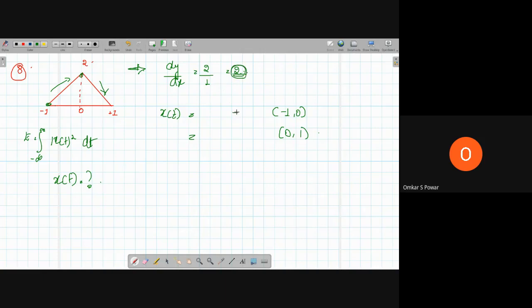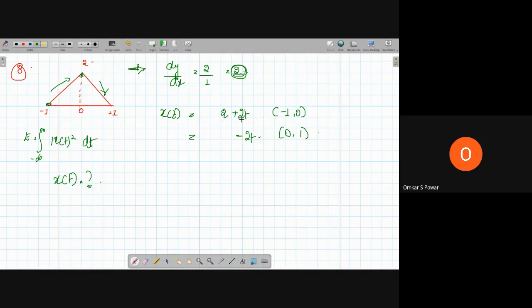Slope plus 2, so plus 2t. For this one, 0 to 1, it is minus 2t because it's decreasing. Okay. Then what is this value? How do you get this one? So at minus 1, the value should be 0, and at 0 its value should be 2. So what is the value which satisfies that? 2. So 2 plus 2t.